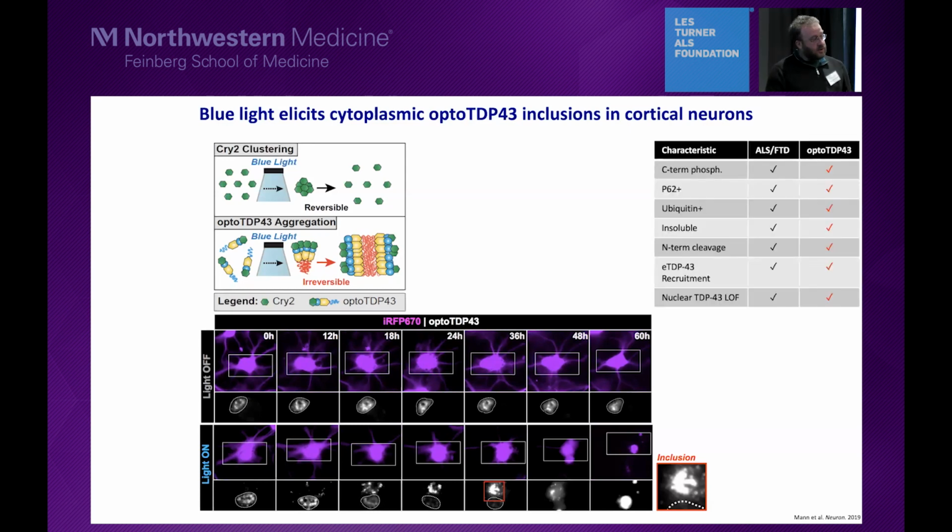Remarkably, these cytoplasmic inclusions of TDP-43 bear striking resemblances to properties that we see in disease-associated aggregates. So we see various PTMs, also recruitment of endogenous TDP-43 to these structures, that really mimics the type of TDP-43 proteinopathy that we see in patients in degenerating neurons.